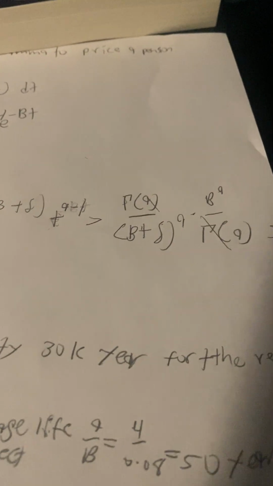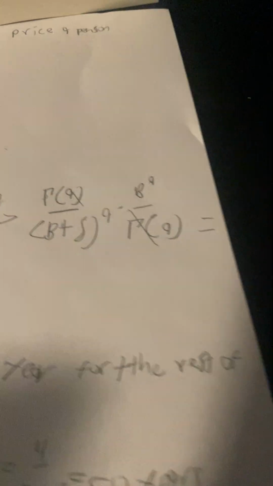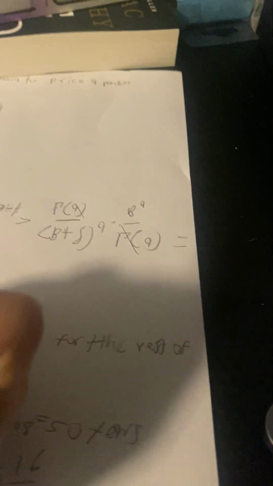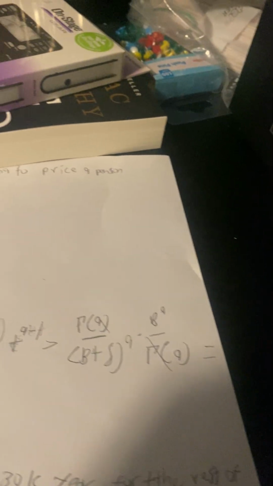Or actually, we could just do it in simplified form, and we can convert into a fraction, which is about 16 over 81. So that's our average APV.